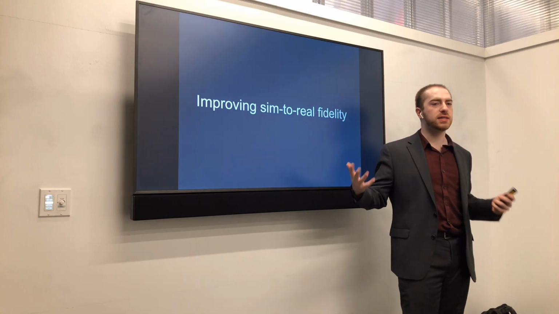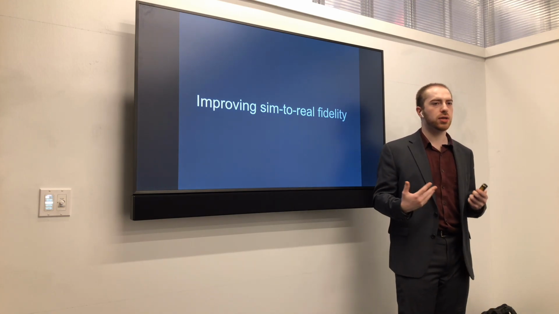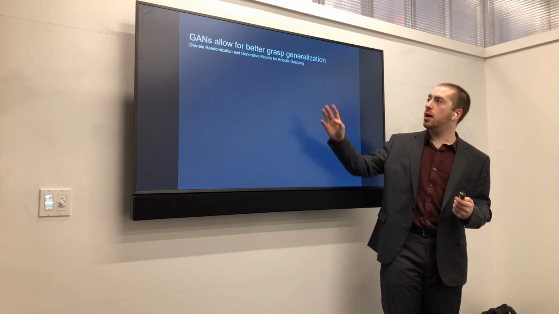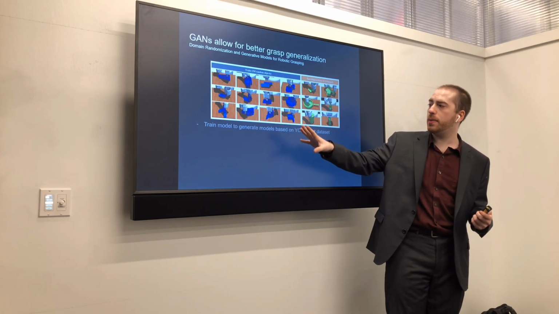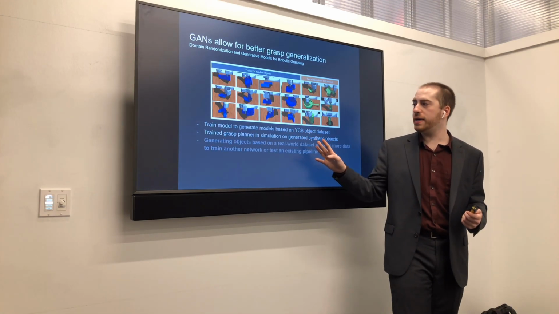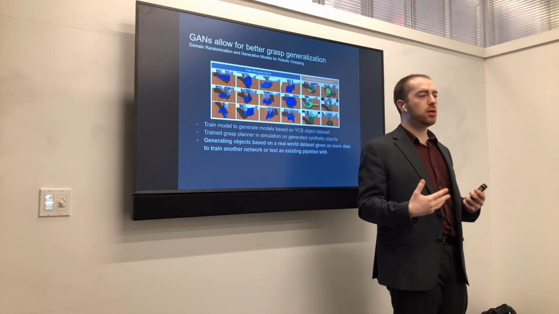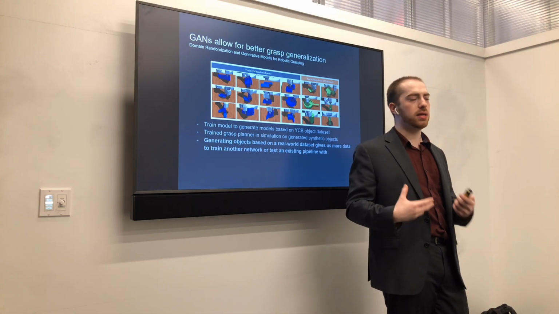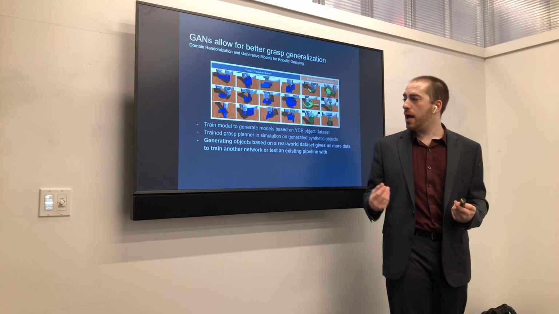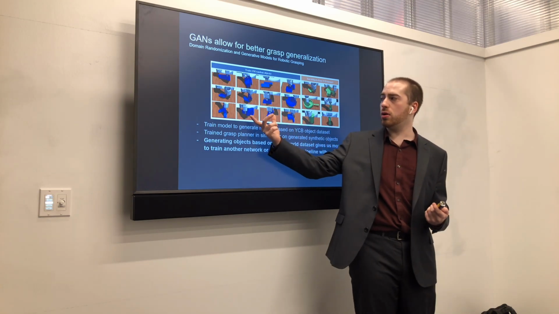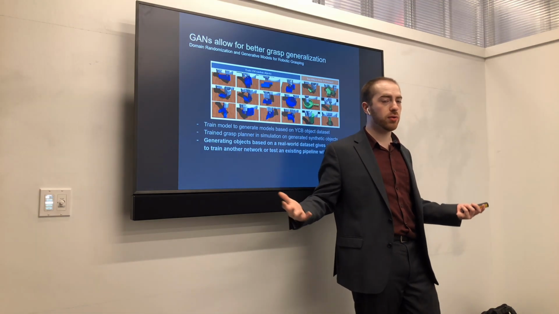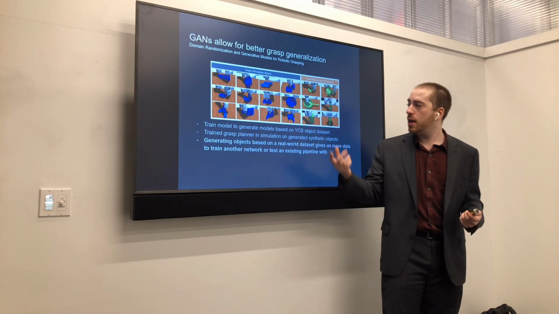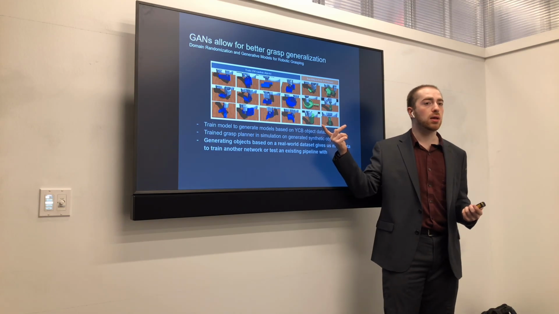So we want to improve the sim to real fidelity. We want to actually create more representative data. So GANs allow for better grasp generalization. A paper by Jeannette Bohg took YCB objects and generated geometry based on the initial seed geometry. And they tested their results using a grasp planner that learned on the whole data set that they generated and the YCB object data set, and just the YCB object data set alone.